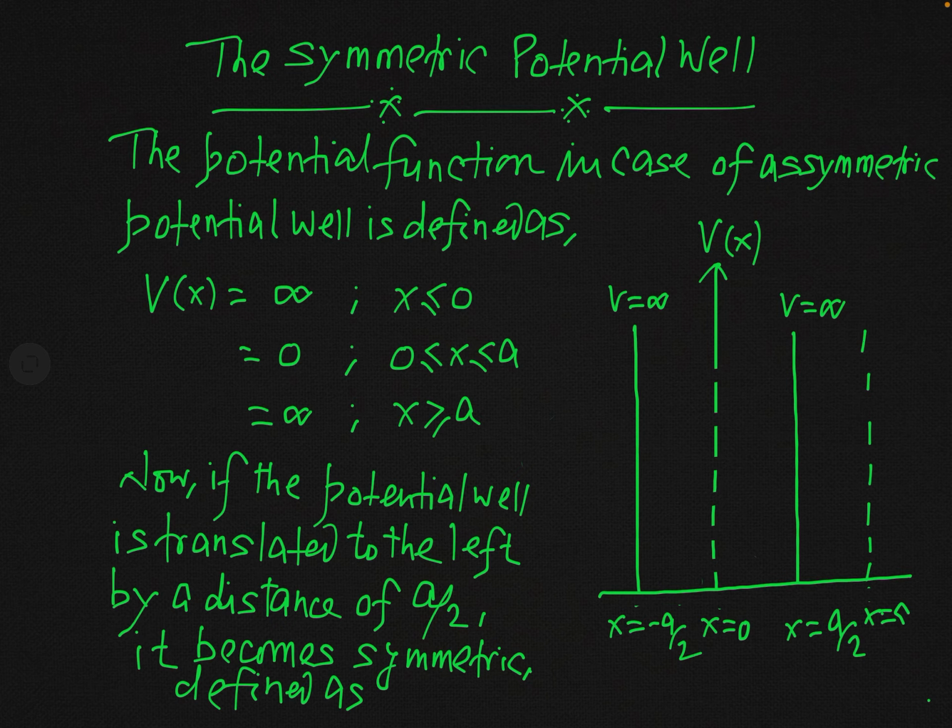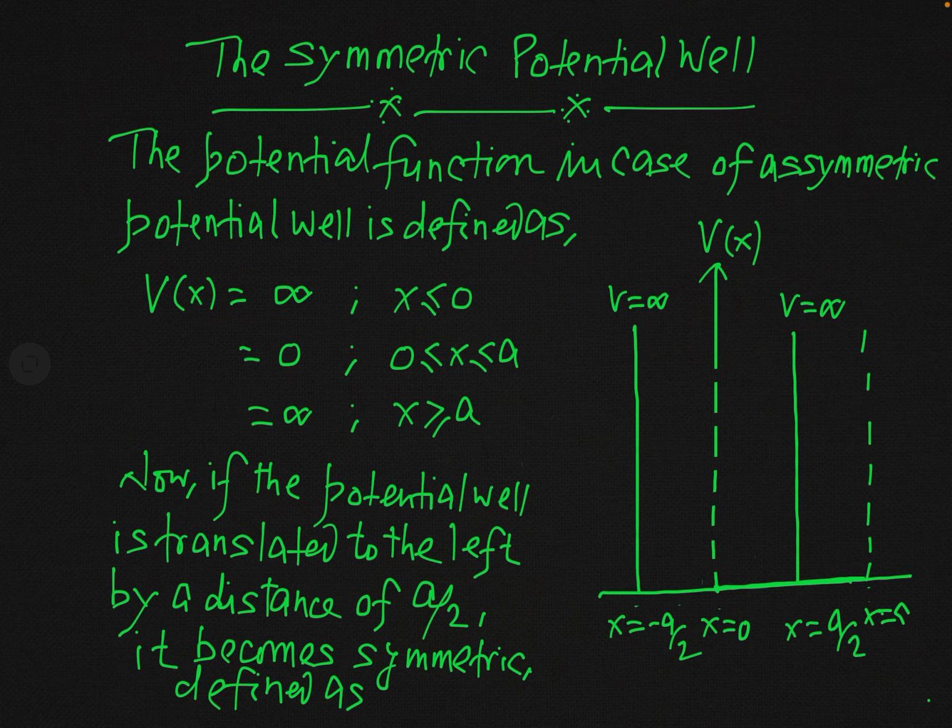You can see this in the figure by the dotted line, which represents the asymmetric potential well. At x equal to 0 the potential function is infinity, at x equal to a again it is infinity, and between x equal to 0 and x equal to a the potential function is 0.